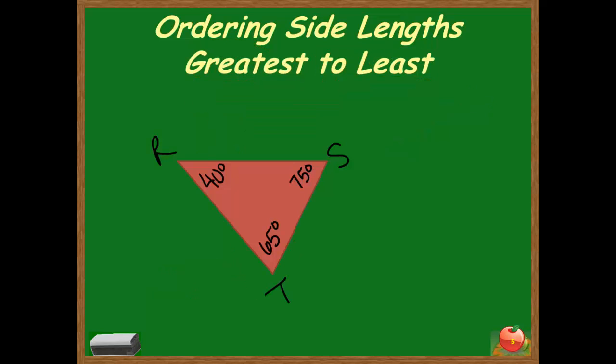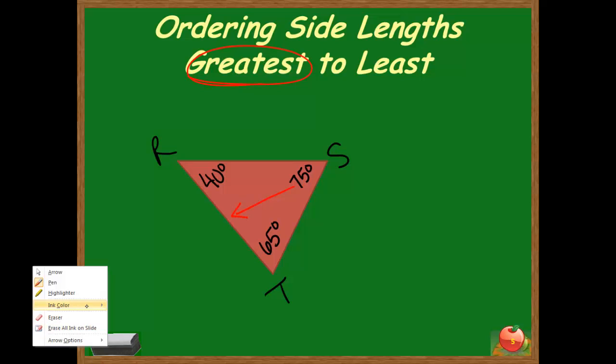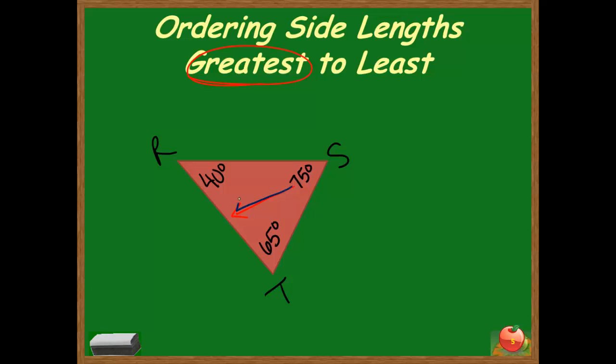Now we're going to put the side lengths in order from greatest to least. Start with the biggest. But I don't have any side lengths on this triangle. What I do have are angle measures. And when we opened this lesson, we said that the largest angle is across from the largest side. So that means that this is the largest side. Let me change colors there. That this is our largest side. Which one's the smallest side?